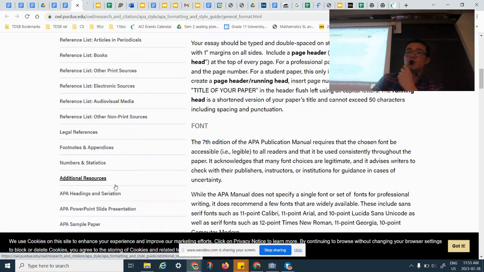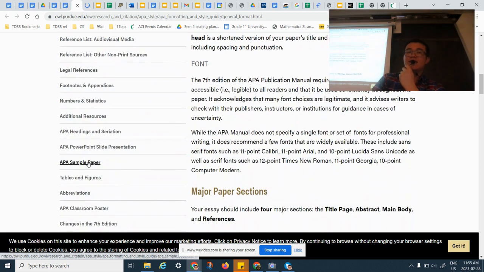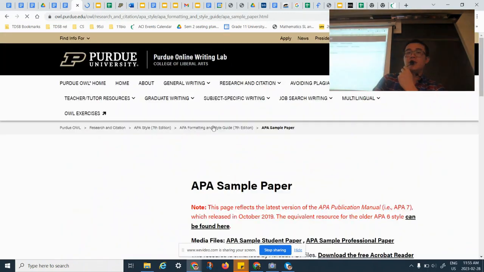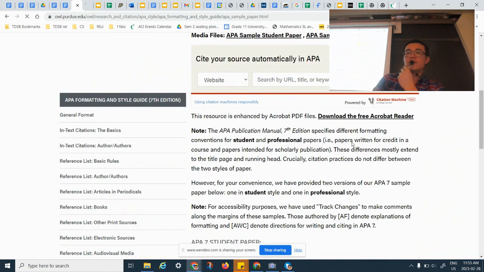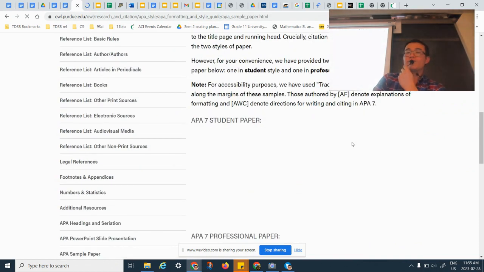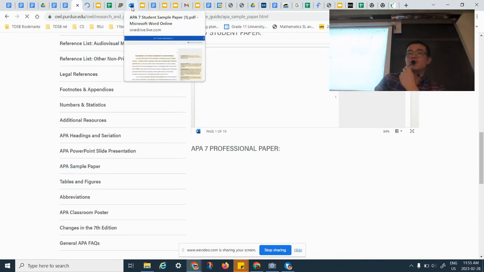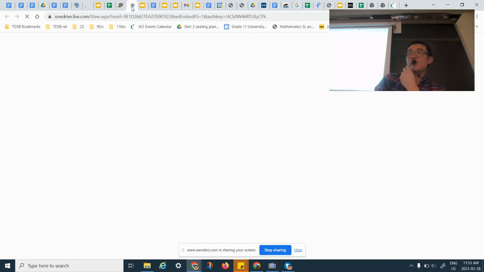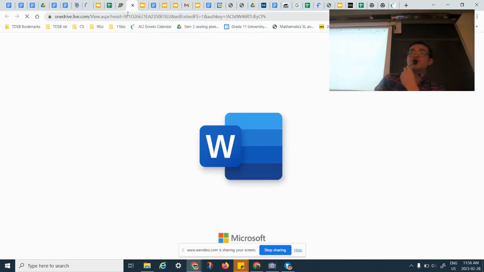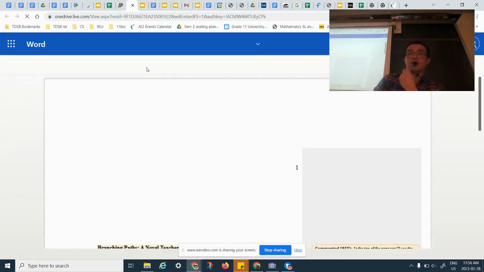And one other thing that is super helpful in this one is the sample paper. If you click on it, this will take you to an APA sample paper. You have 2 kinds: an APA student paper or a professional paper. Go with the student paper, because even the student paper we're talking about is a PhD student paper.